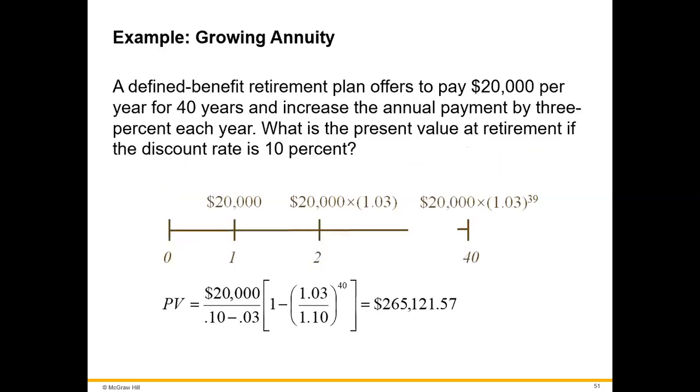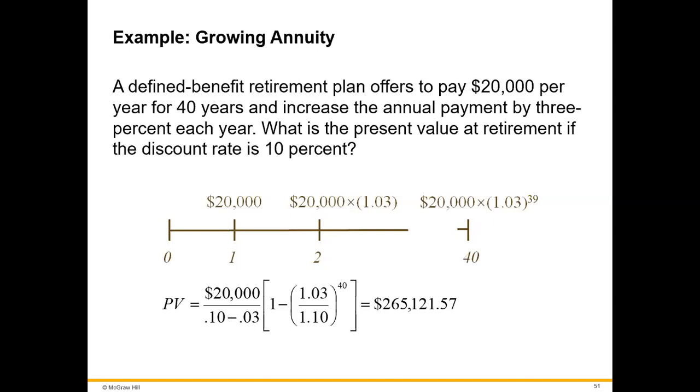Wow, let's take a look. A defined benefit retirement plan, which if you're not aware of, a defined benefit plan means no matter how much money you put into your retirement, you're promised a certain amount at retirement. So this plan offers to pay $20,000 a year for 40 years and increase the annual payment by 3% each year.